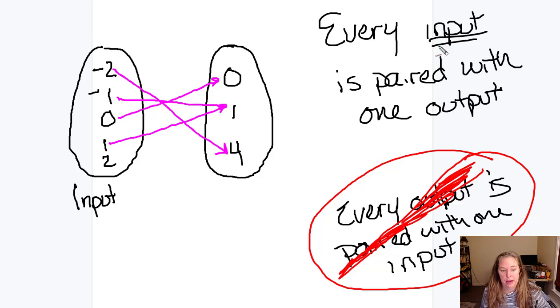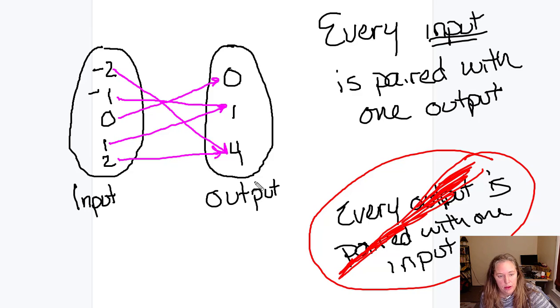Every input needs to be paired with 1 output. So if we look at all of our inputs, they just have 1 arrow coming from them. This has 1 output, this has 1 output, this has 1 output, this has 1 output, this has 1 output. Yes, it is a function.